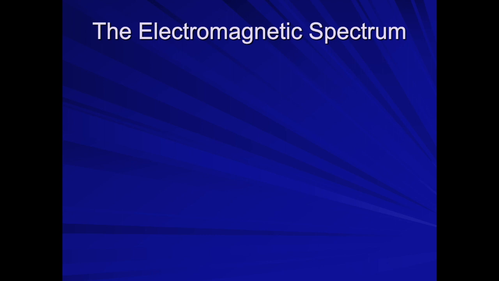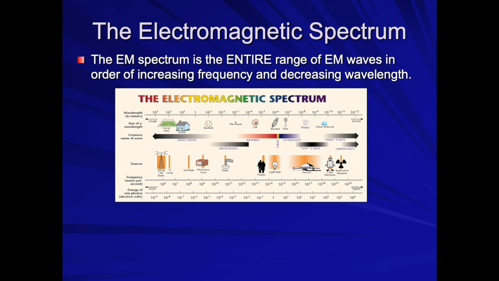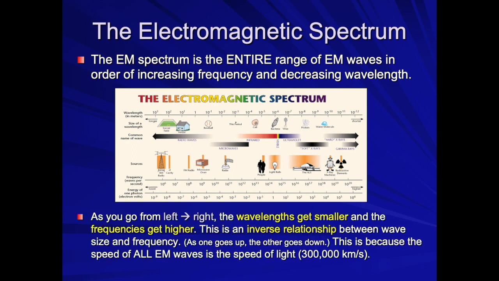The EM spectrum is the whole range of EM waves in order of increasing frequency and decreasing wavelength. This means as you go from left to right on the chart, the wavelengths get smaller and the frequency gets larger.